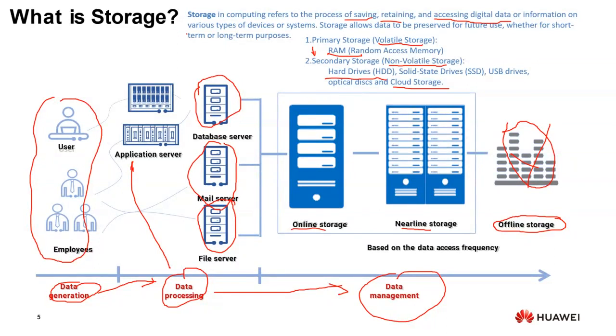It starts from data generation to data processing and then data management. And it moves from users and employees generating data using their devices, be it a mobile, a laptop, or a desktop, using different applications like Microsoft Word, and then you save in the cloud. If you save in the cloud, this is basically an online service.